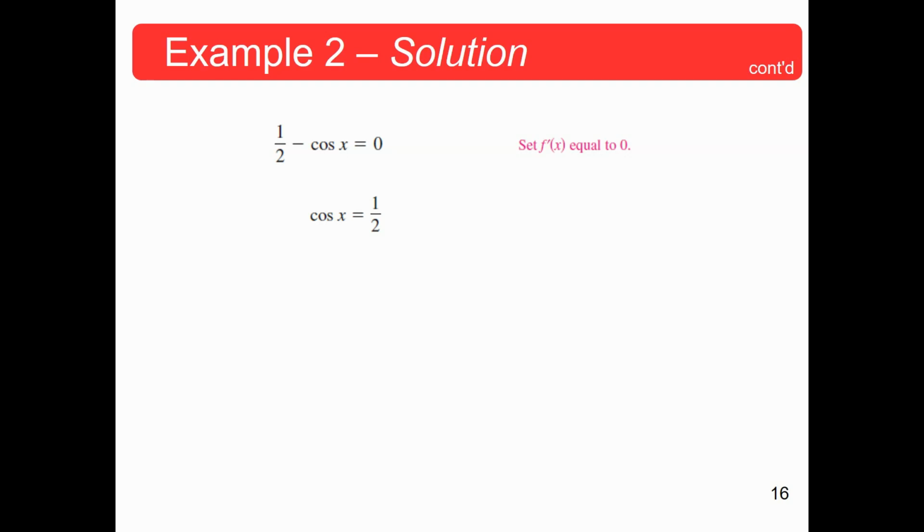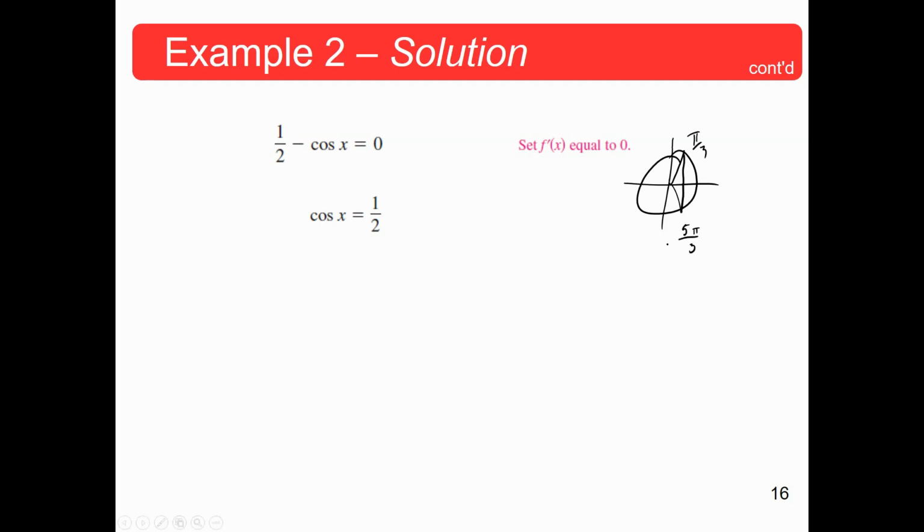Then we ask ourselves, the cosine of what angle equals 1/2? We look at our unit circle. Remember, cosine is the x value. So when is the x value 1/2? It's at pi over 3 and 5 pi over 3.